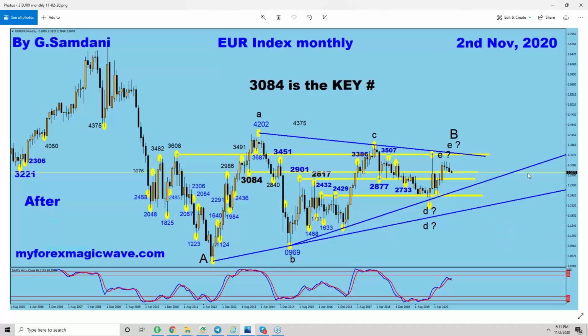This is wave 1, 2, and then it came down big. Wave 3 is always big, so there's wave 3, ABC wave 4, and this is wave 5. That's the correction, so as an A, and then wave B, followed by wave C to the downside.